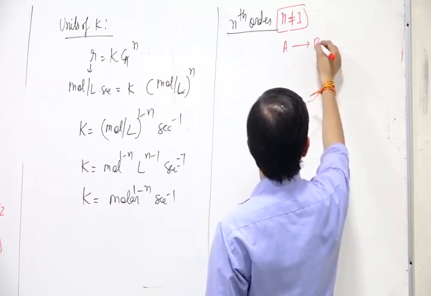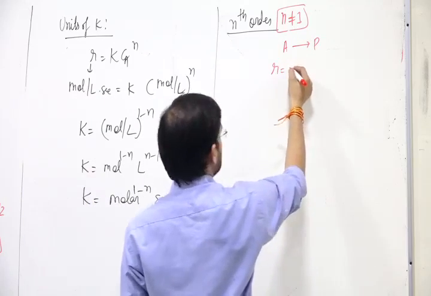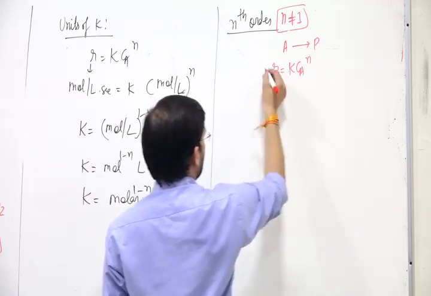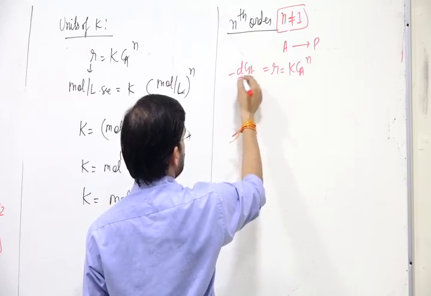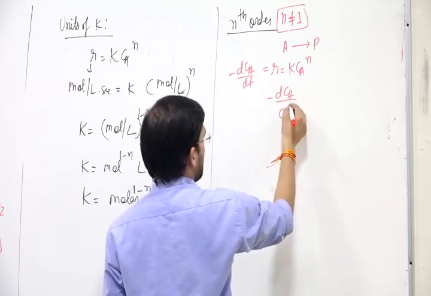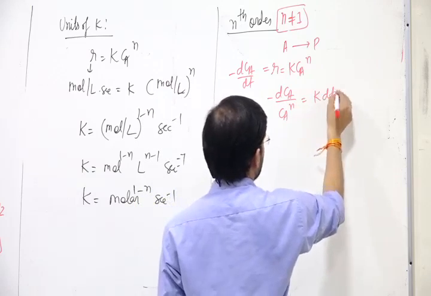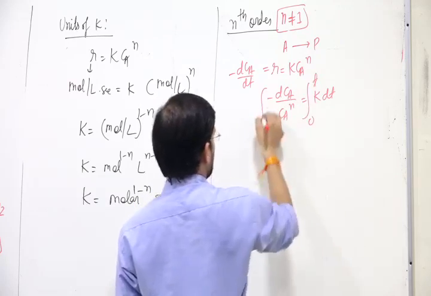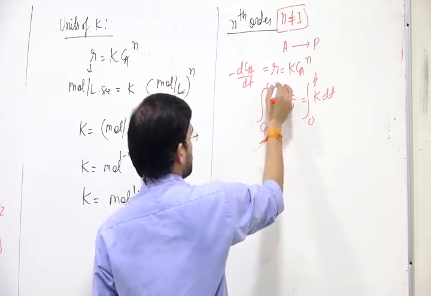Okay, so we write like this. A gives you P. R equals K Ca power n, which is equal to minus dCa by dt. So I'll say minus dCa by Ca power n equals K dt. Integration 0 to t, Ca naught to Ca.